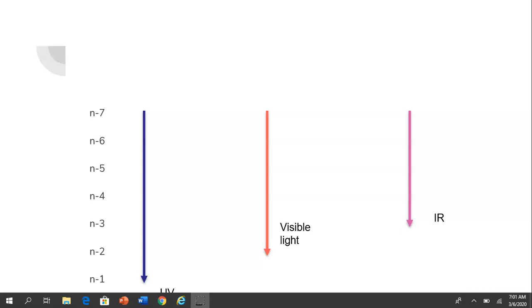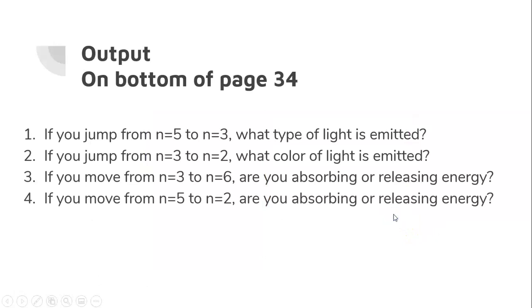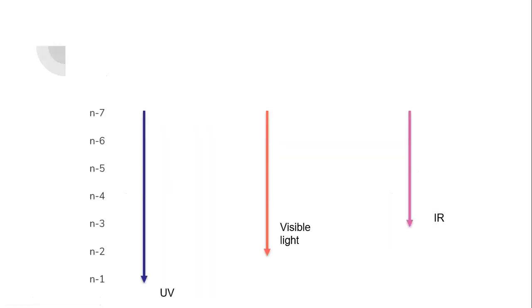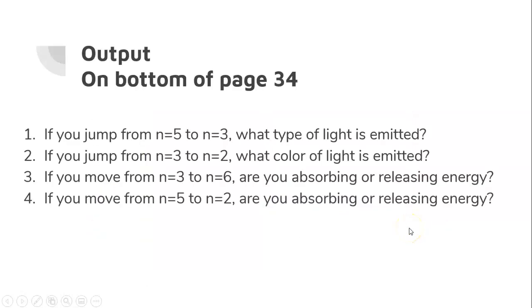So 1 is UV, 2 is visible light, 3 is IR. So let's practice really quickly. If I go from 5 to 3, if I look back up here, my ending at 3 gives me infrared.